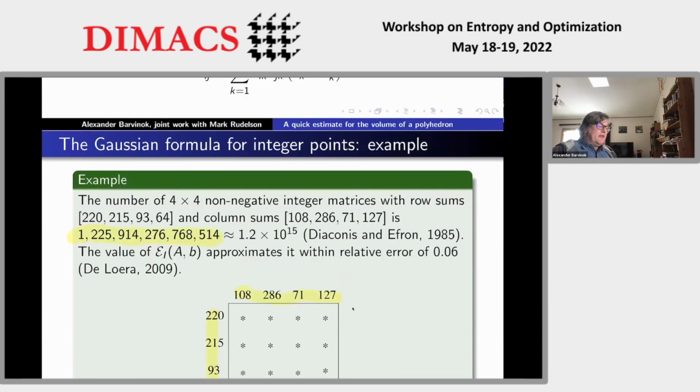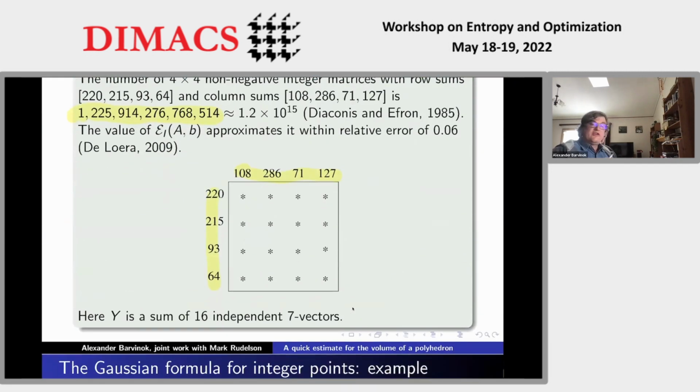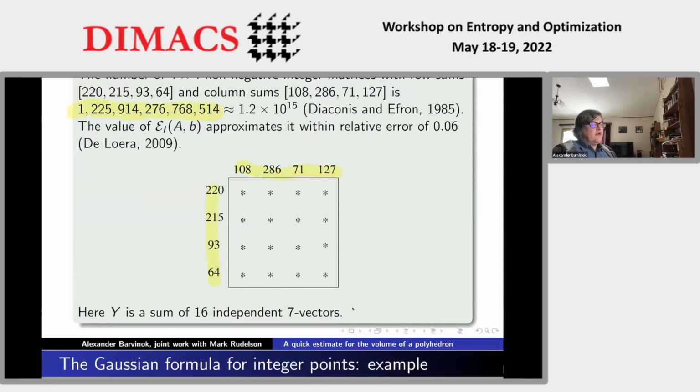And the approximation we get is off by 6%. And what do we use here? Our random variable is a sum of 16 independent 7-dimensional vectors, right? Discrete. And we apply the central limit theorem and we get 6% off, which I thought wasn't bad.